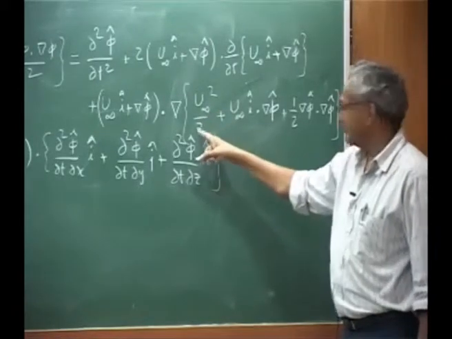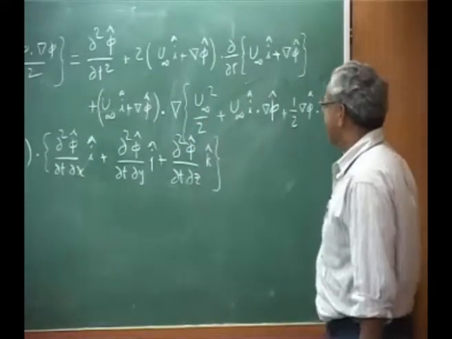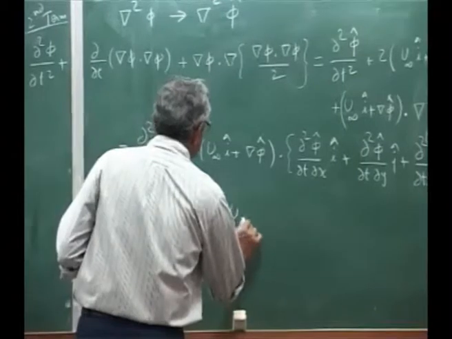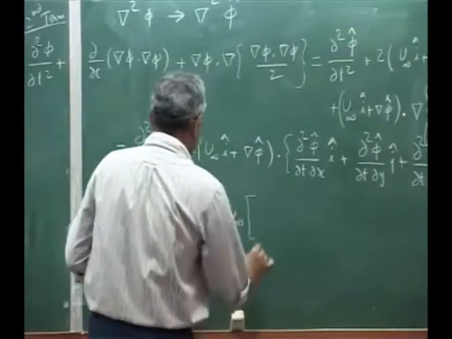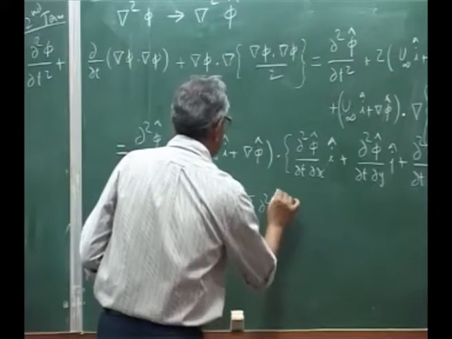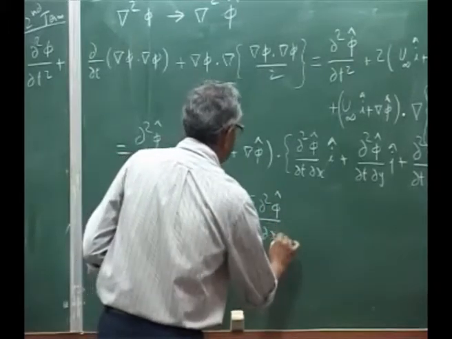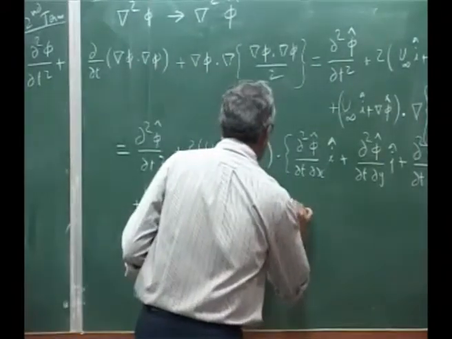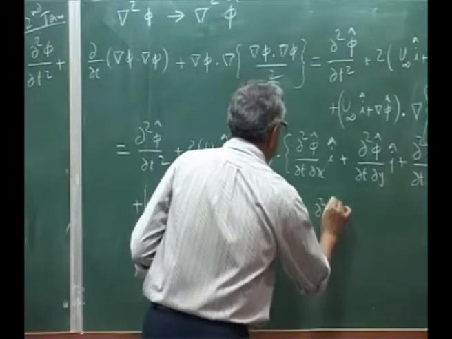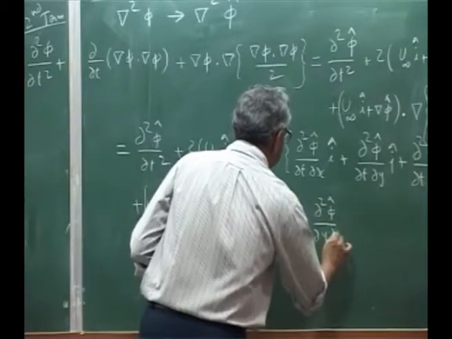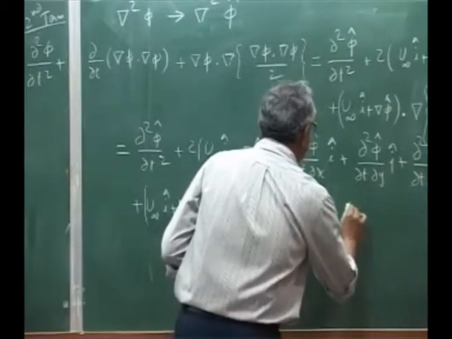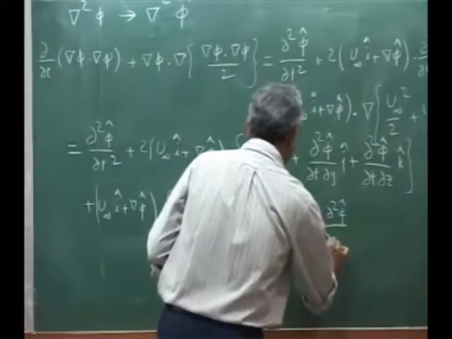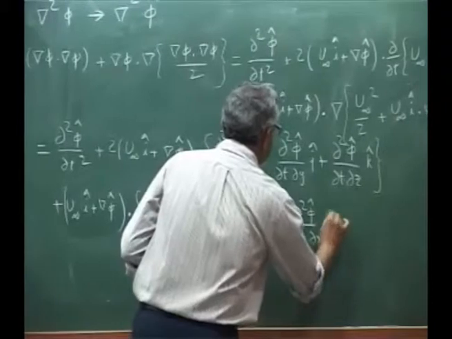It is the gradient of a constant, so that will go off. So you will have dot u infinity del square phi hat by delta x square I plus del square phi hat by delta y delta x j plus del square phi hat by delta z delta x k.